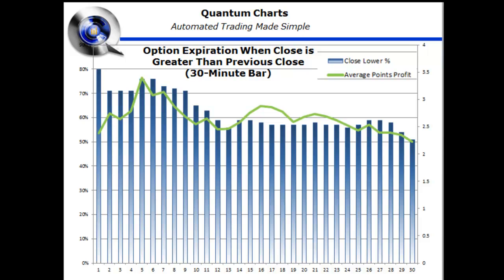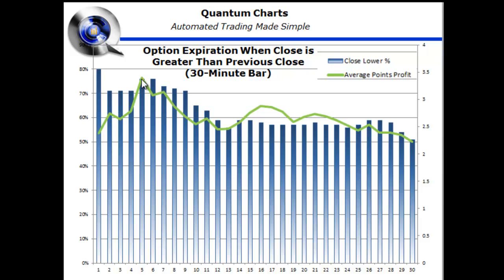You can see that instead of the market being down only 71% of the time in the first 30 minutes of the day, when that previous bar close is greater, the first 30 minutes of the day is down 80% of the time. And you can see that the average move down, or the average profit available to you, inclusive of losses, goes from less than 2 points during the first 30 minutes to over 2 points, and then it maxes out, instead of at 2.25 points, at over 3.25 points.